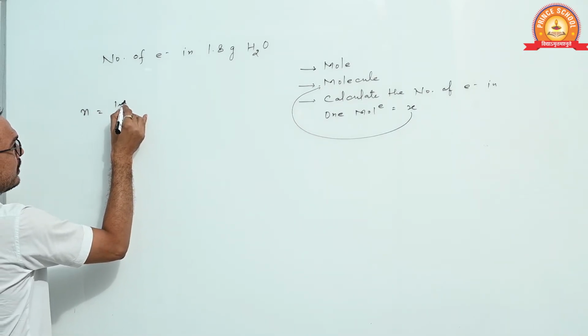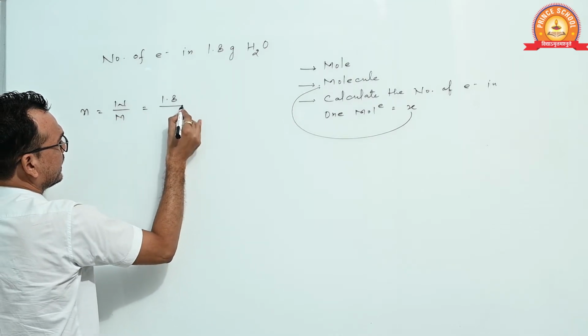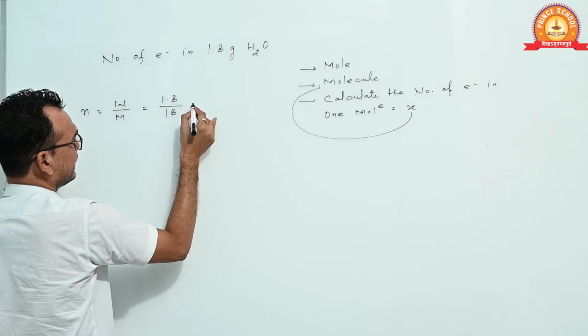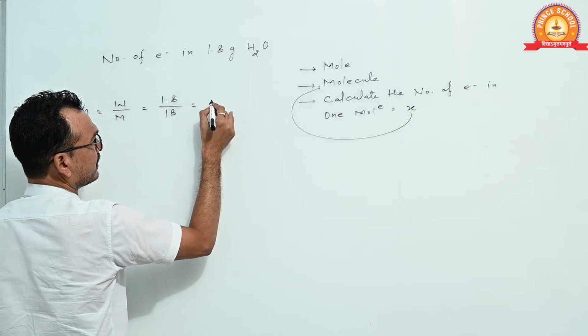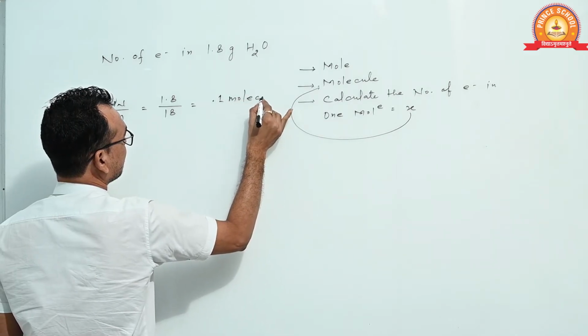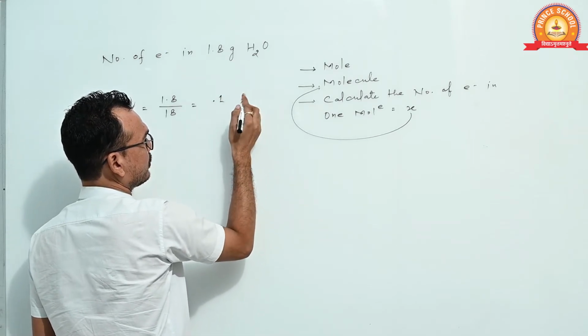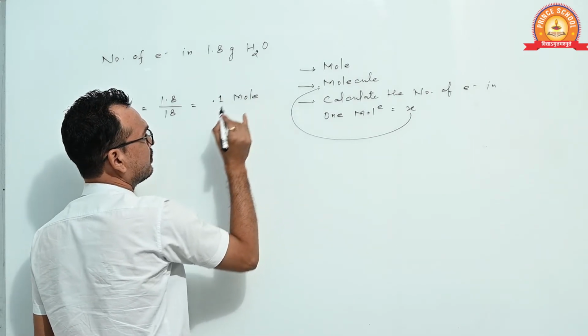First we prepare the number of moles. n is equal to W by molar mass. W is equal to 1.8 divided by molar mass, which is 18. It means we get 0.1 mole. It is not the molecule, it is the mole.